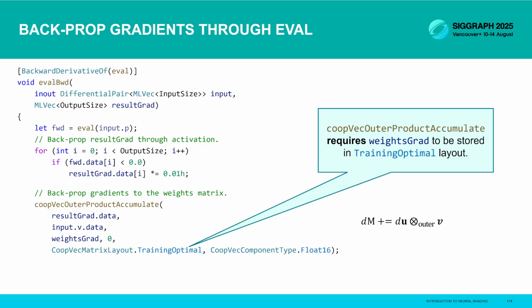Note that the CoopVec outer product accumulate requires the gradient of weights to be stored in the training optimal layout, which is a vendor-specific opaque layout. So if you want to read the values of the propagated gradients afterwards, you will need to convert it into a row major or column major layout in a separate step. We will talk more about this in the next section.